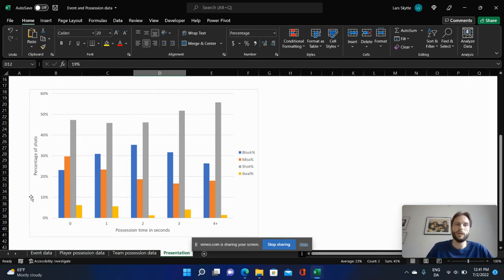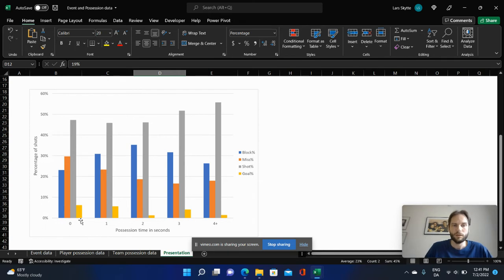On the y-axis, we have the percentage of shots. The interesting thing to look at here is the yellow block, because that shows the goal percentage. Clearly you have a larger chance of scoring if you shoot within 1 second.